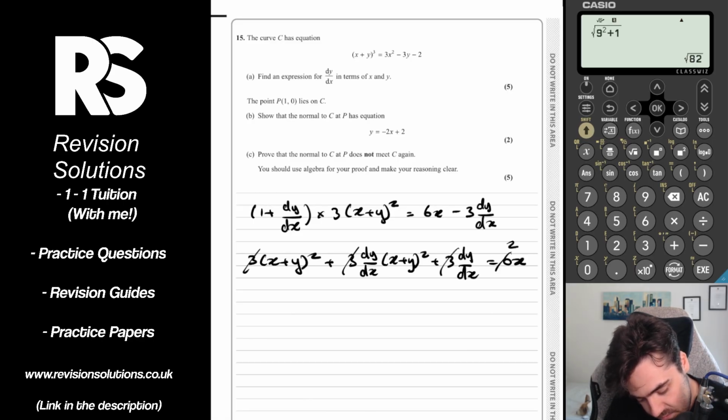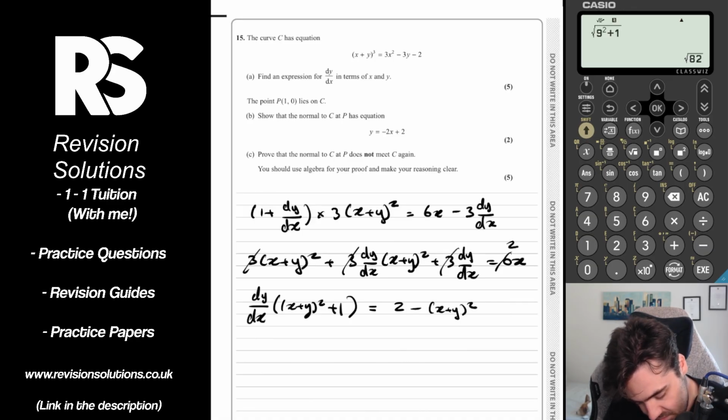Now if I pull out the dy by dx from everything and move that (x plus y) squared over, so dy by dx, then open bracket, that would be (x plus y) all squared plus 1, and then that would equal 2 minus (x plus y) all squared.